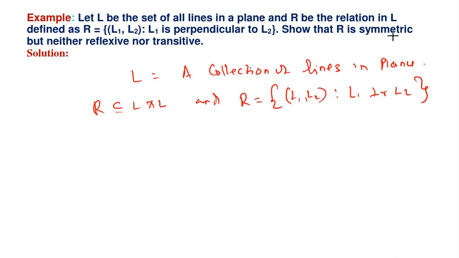We have to show that R is symmetric and neither reflexive nor transitive. So it is not reflexive and it is not transitive, but it is symmetric, and this is what we have to prove.